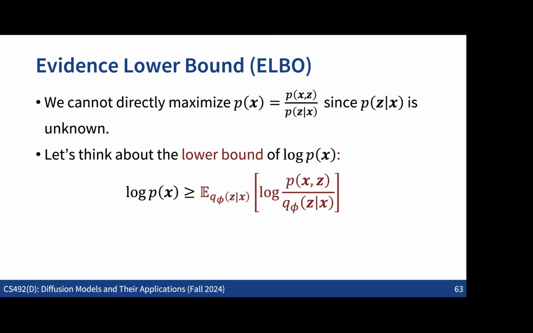So let's see. Here the idea is that we don't know this posterior distribution, p(z|x), right? But while we don't know it, we are going to compute p(x), actually exactly the log of this probability, with some kind of lower bound. So the part in this red box here is known as the lower bound of the log of the marginal probability.